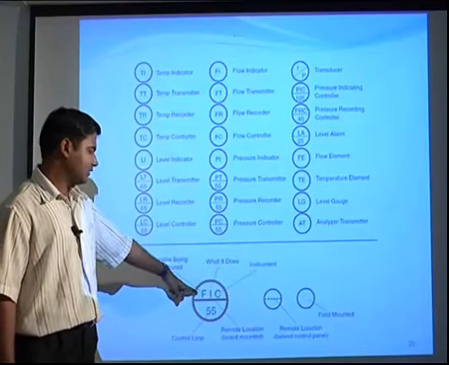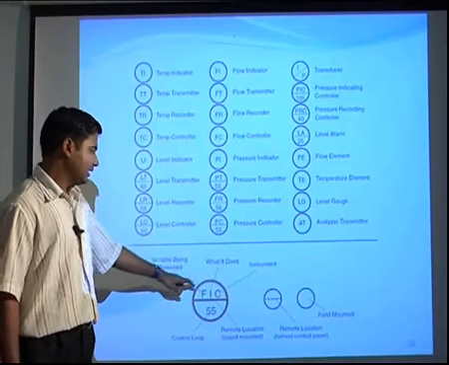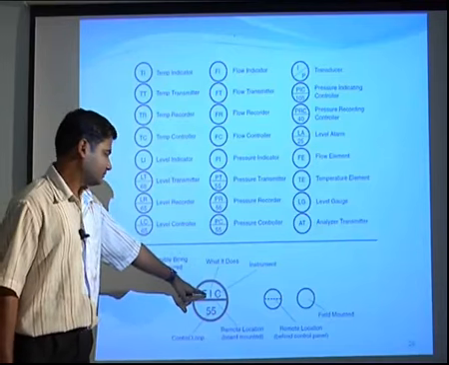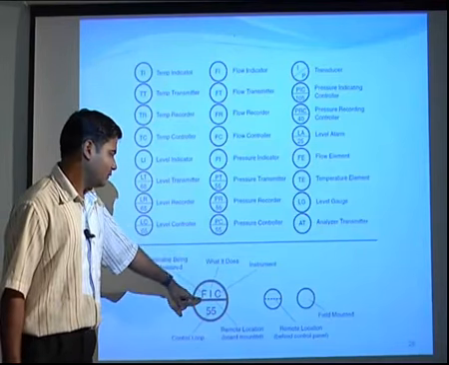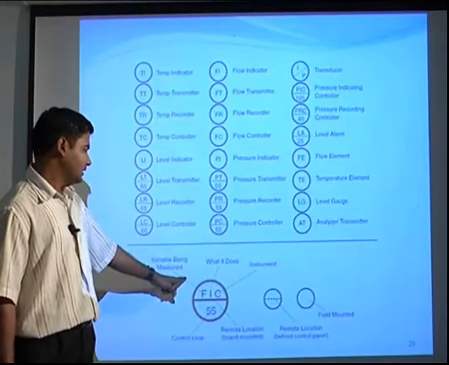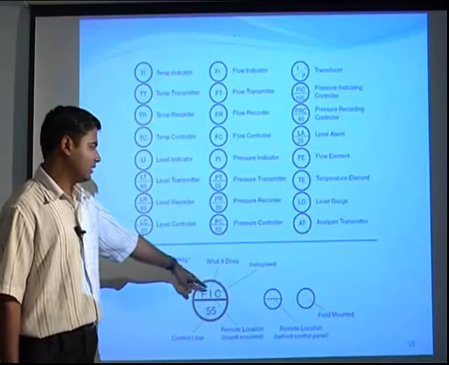If you take the case of FIC, it will measure the flow, and the I represents indication. So it is the flow indicator and controller, which means it will control. It will see the flow, indicate that it is changing, and give feedback to the instrument.